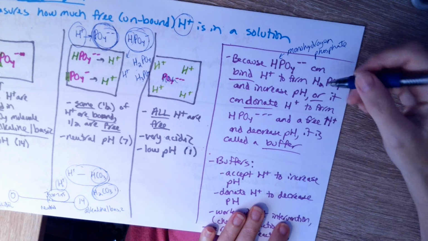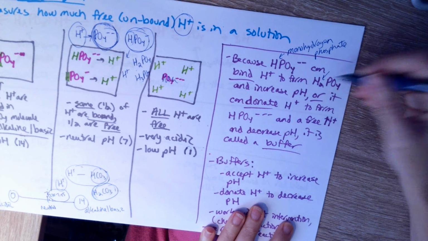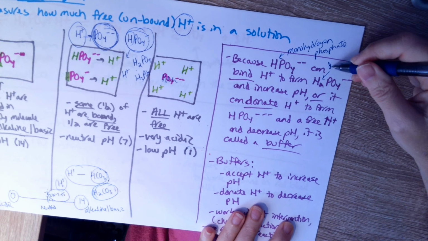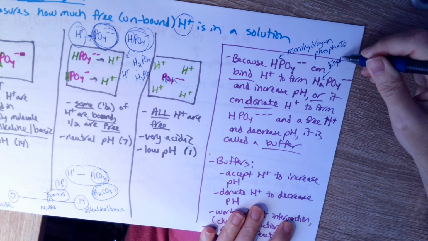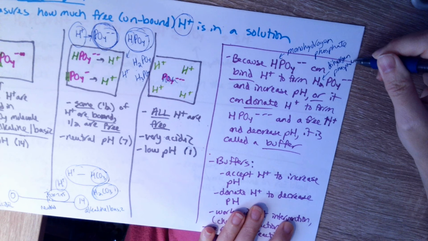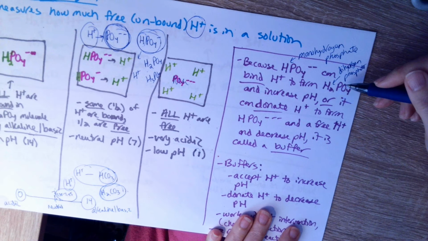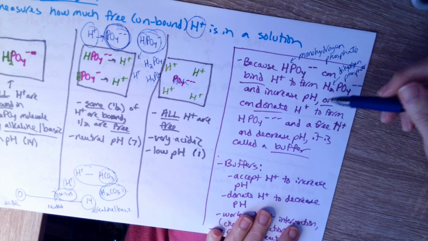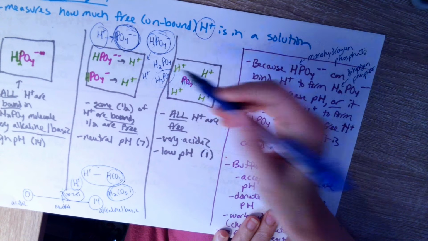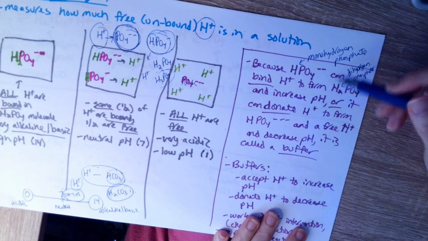It can bind that hydrogen, and that will give us this H2PO4, which you can probably guess its name is going to be dihydrogen phosphate. And dihydrogen phosphate can actually accept or bind another hydrogen to make this H3PO4, which would be trihydrogen phosphate.